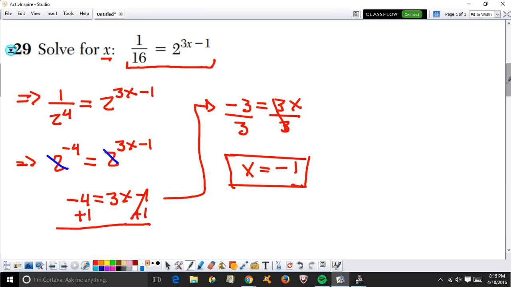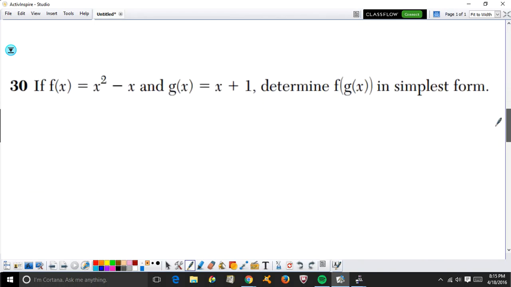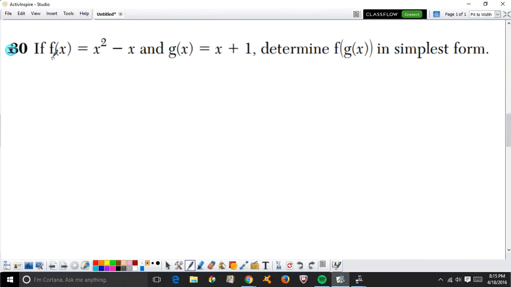Now, if we look at example 30, it says if f is equal to x squared minus x and g is equal to x plus 1, now we need to determine f composition g in the simplest form. What does composition mean?